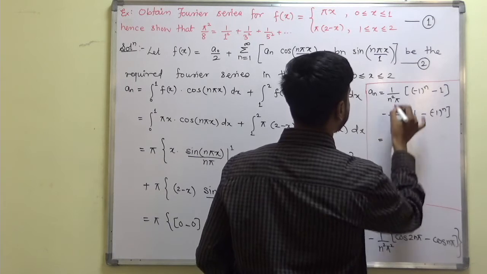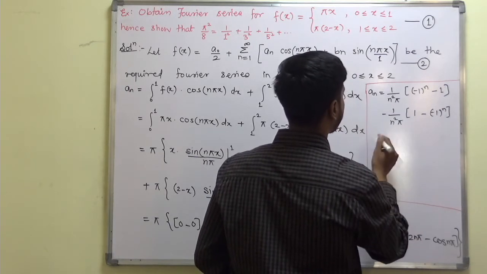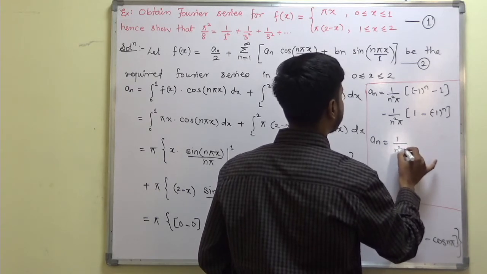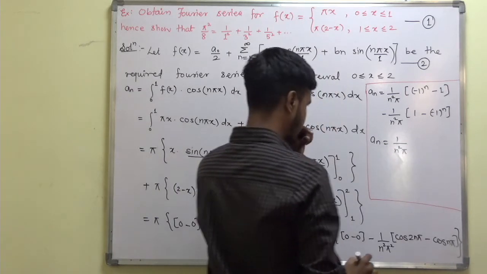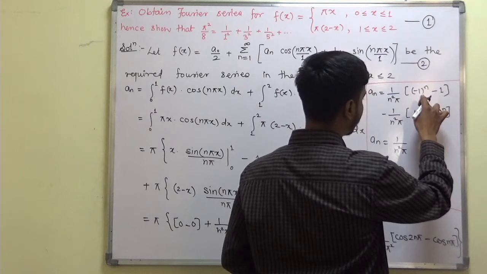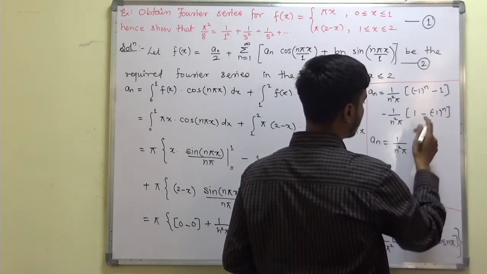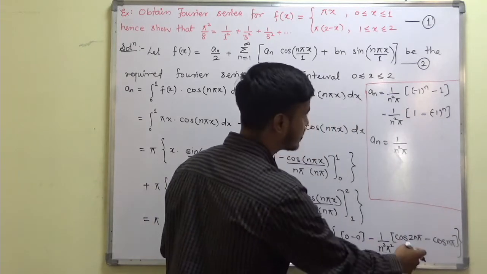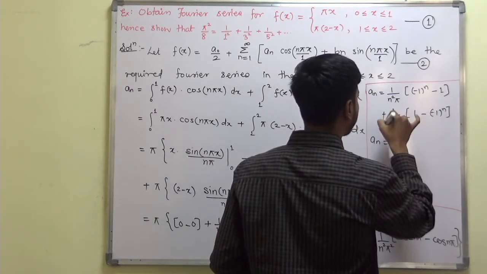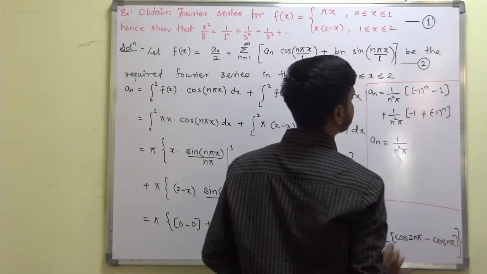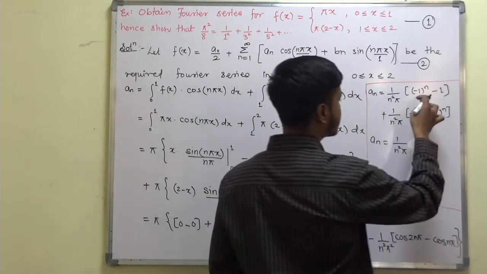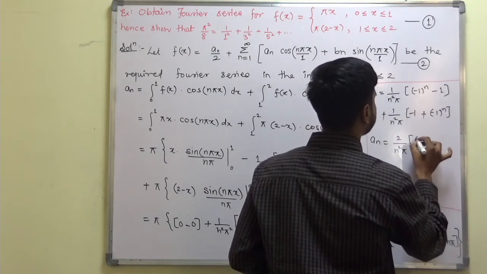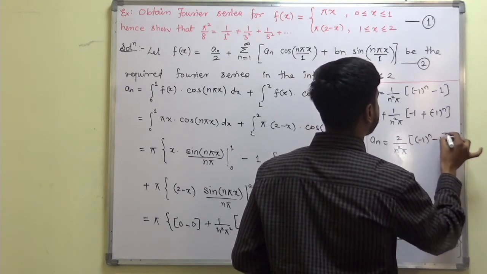Now taking this n square pi square common, this an comes out to be 1 upon n square pi, minus 1 to the power n plus 1 to the power n. So this is 2 times. If you give this minus sign to here, it would be plus plus minus. So what it should be? 2 times minus 1 to the power n minus 1.